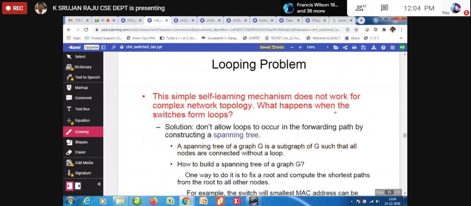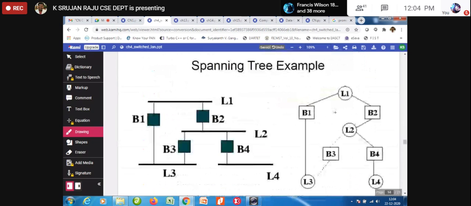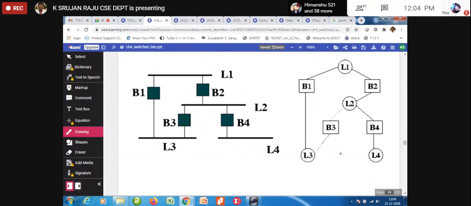So the looping problem, which I already explained. How does it happen? Now you see, I can use L1 to B2, B3, L3, B1, L1. Now you see a loop is formed. When I want to remove the loop, I remove these links.